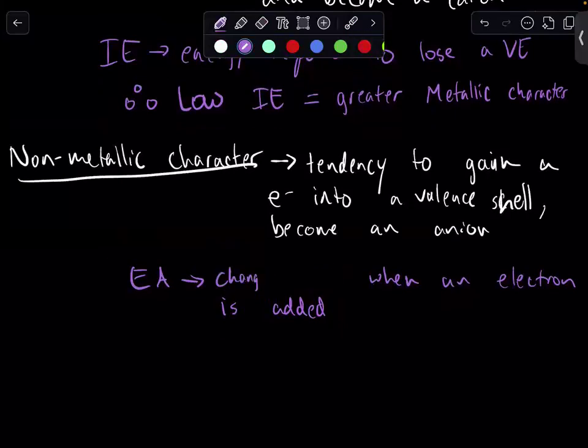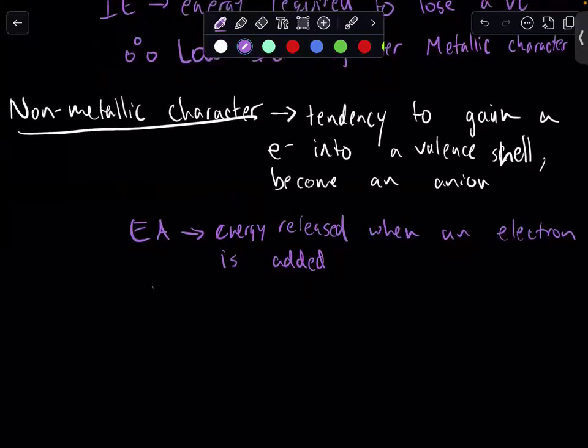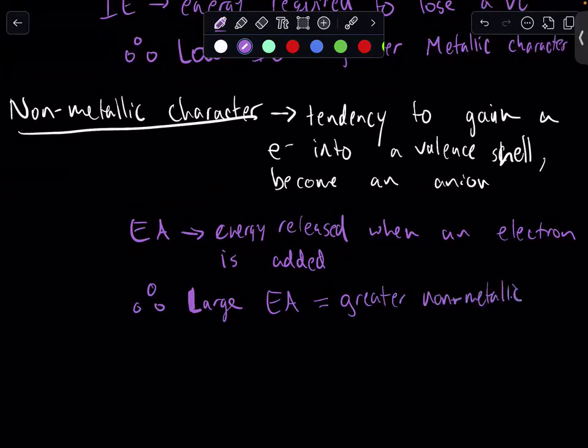Change or energy released. Energy released when an electron is added. And therefore, a large electron affinity is equivalent to a greater non-metallic character.